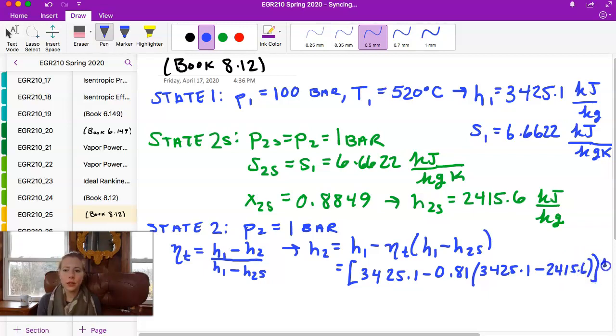These are all in kilojoules per kilogram. And so we get H2 is equal to 2607.4 kilojoules per kilogram.